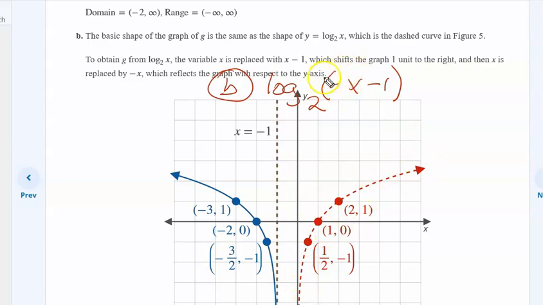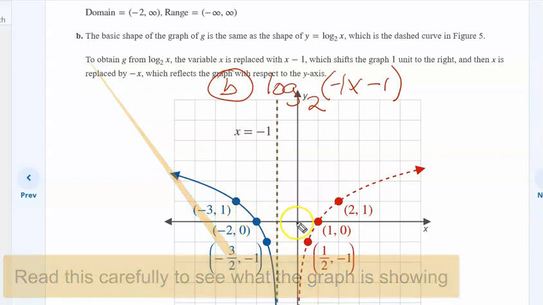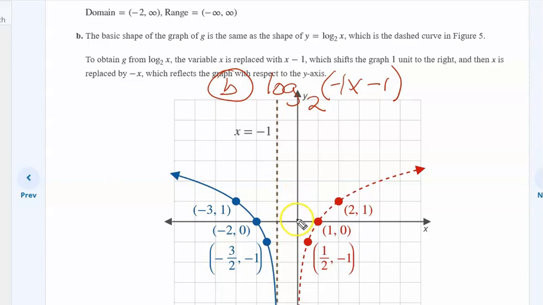But now, because our x value in the parenthesis is a negative x, instead of going to the right, this one goes to the left with a new vertical asymptote of -1, because in a sense there's a 1 there, and it's away from the overall axis by going over 1 this way.